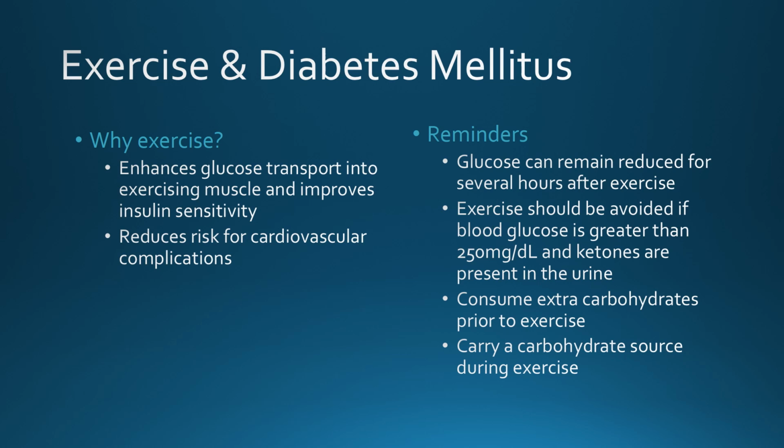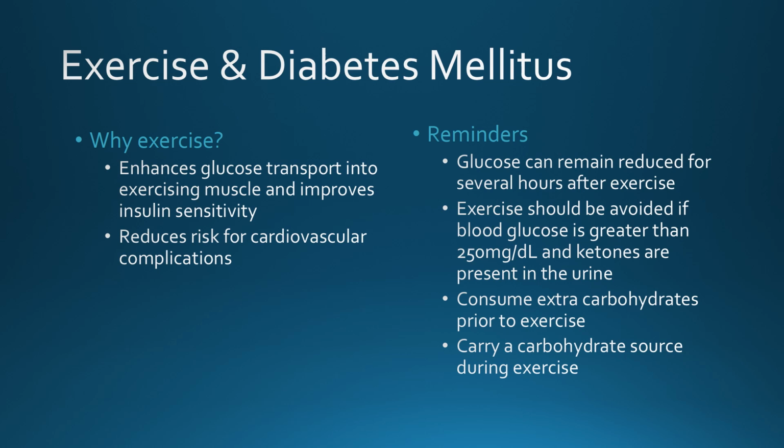So because of that, if you skip down to the third bullet point, we do encourage patients to consume an extra carbohydrate snack and usually a protein as well right before exercising, just to help with that decrease in glucose. We don't want them to bottom out. We just want that glucose to stabilize so that they can sustain that exercise.